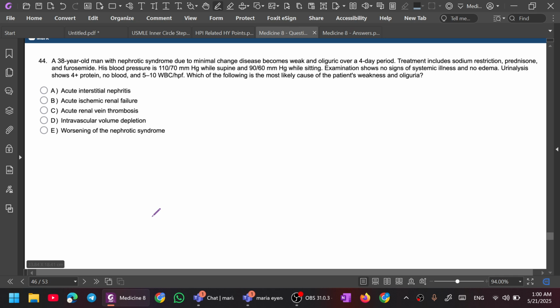Examination shows no signs of systemic illness, no edema. Urine analysis shows 4 plus protein, no blood, 5 to 10 WBC. Which of the following is the most likely cause of this patient's weakness and oliguria? Postural hypotension is present.